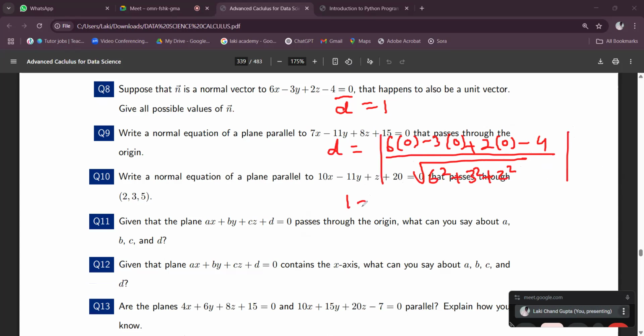And the distance is 1, 49. Because you are finding from the origin. This is the formula actually.